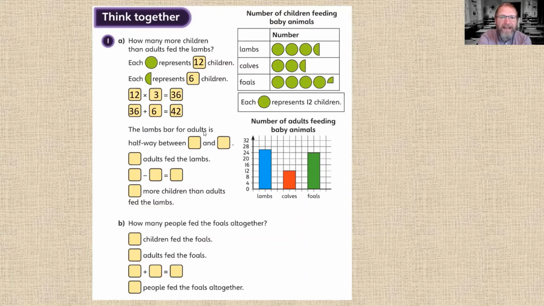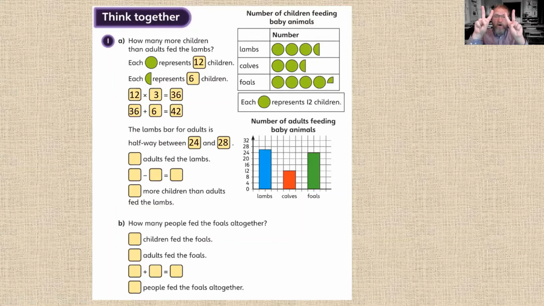Now the lambs bar for the adults is halfway between, well, let's see, here's the lambs, and it's halfway between 24 and 28, okay? Because these are going up in multiples of 4. 4, 8, 12, 16, 20, 24, 28, 32. So what is halfway between 24 and 28? Well, we said they're going up in 4, so 24, 25, 26, 27, 28.